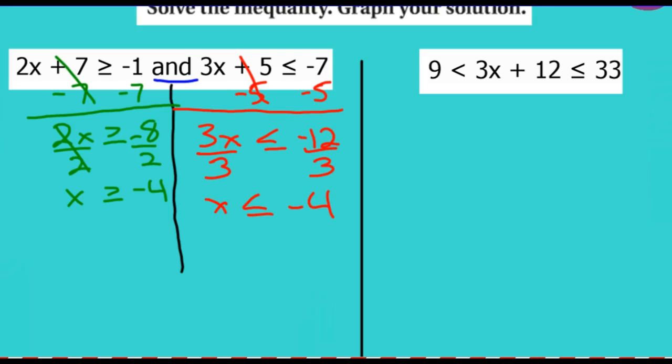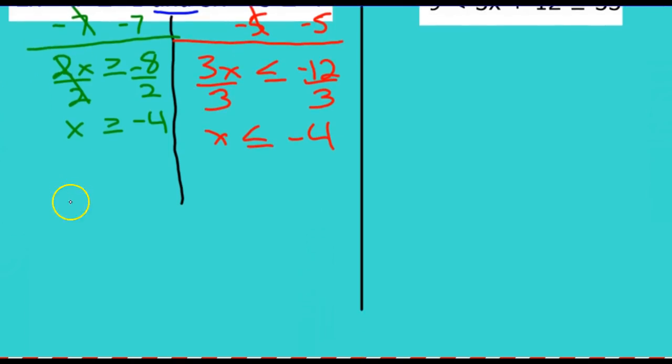So this problem is interesting to graph, because if we put this into our graph, we have two of the same numbers, negative 4. Now, I know that x can be greater than or equal to negative 4, so I have a closed dot going this way.